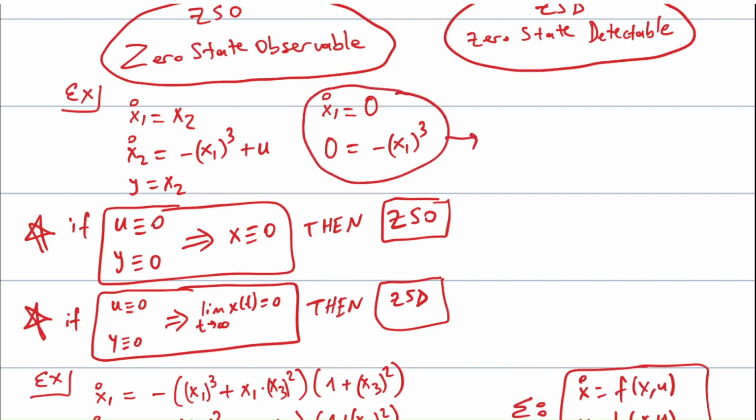You get x1 equals 0. Considering we have only two states, x1 and x2, from the output equation we determine that x2 is 0, and now we determine that x1 is 0. We conclude this is zero state observable. This is the first example.